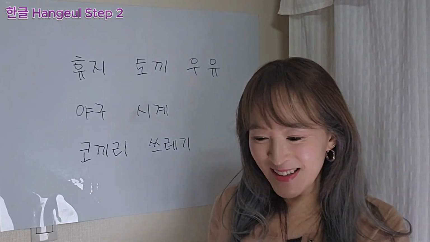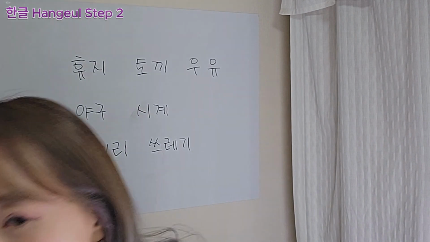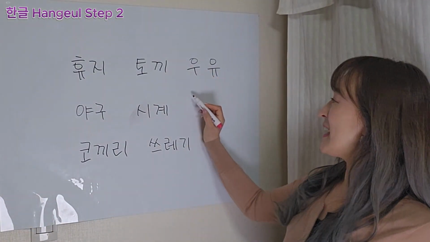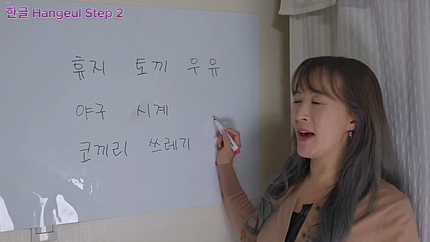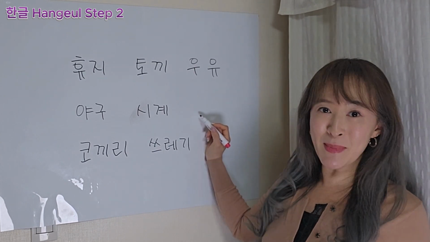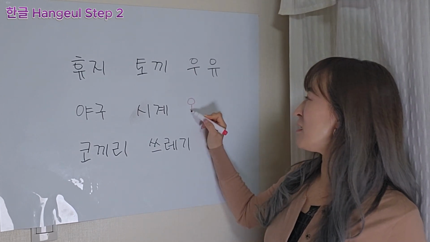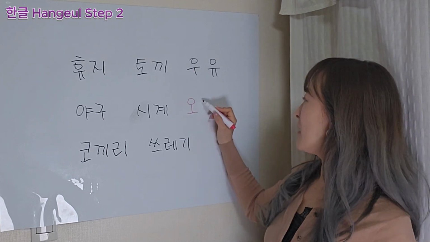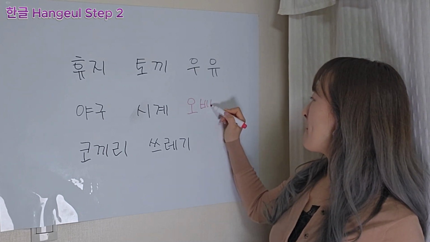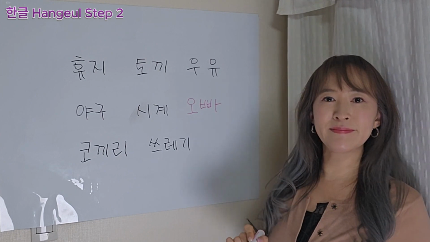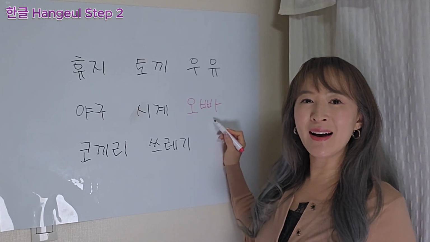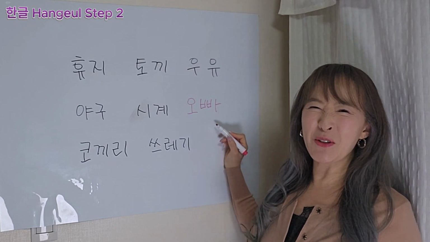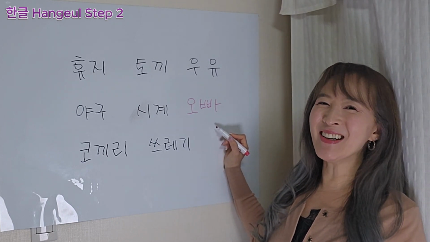And finally, last but not least, I'm sure if you're a K-pop fan or a K-drama fan, you've heard this word many, many times. So you probably even know what it means already. Right? 오빠. Do you guys know the song Gangnam Style?